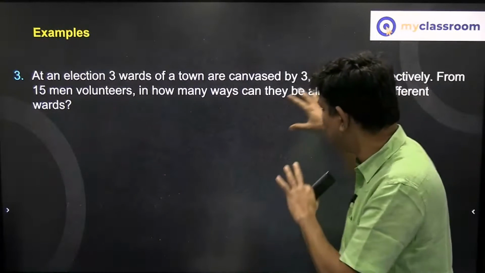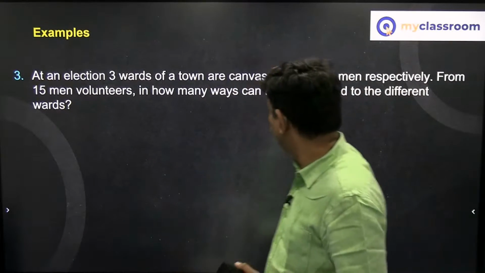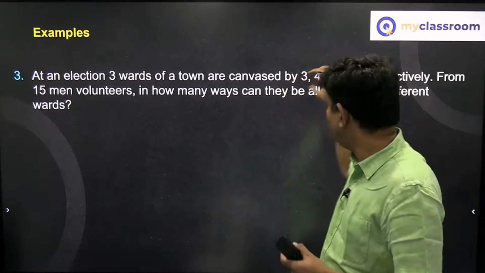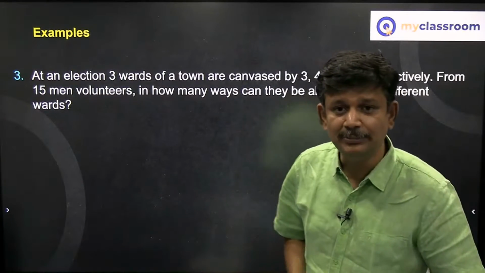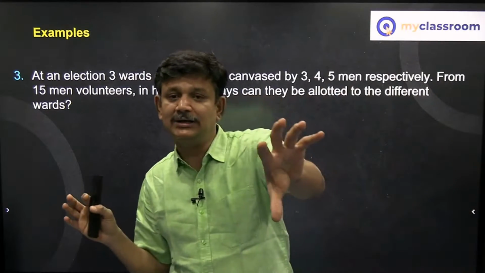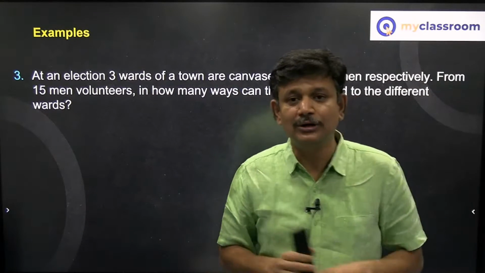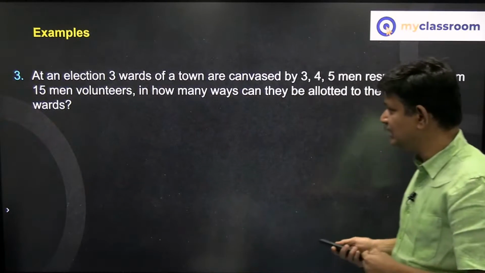So technically you have 4 groups. I have to allocate 3 persons for ward 1, 4 persons for ward 2, 5 persons for ward 3, and 3 persons are left out. So technically there are 4 groups of people. One allocated for ward 1, second allocated for ward 2, third allocated for ward 3, and another set which is left out.